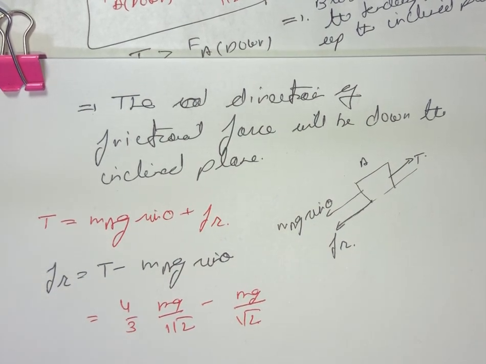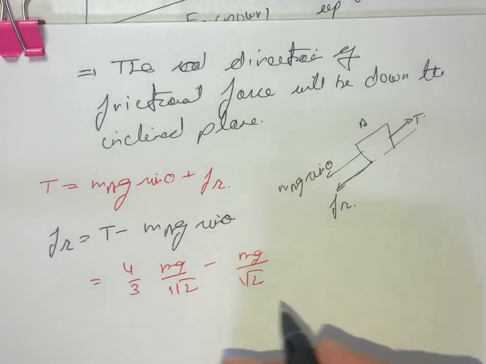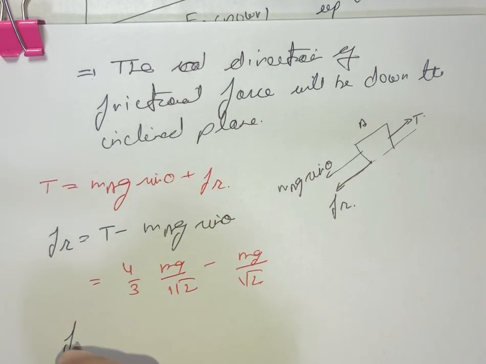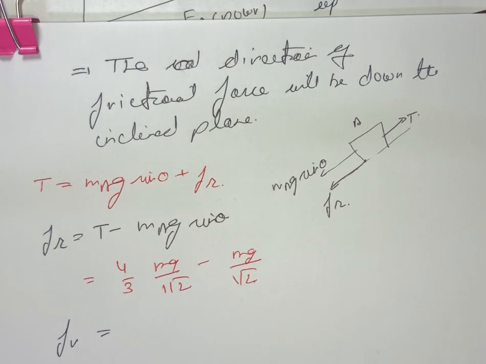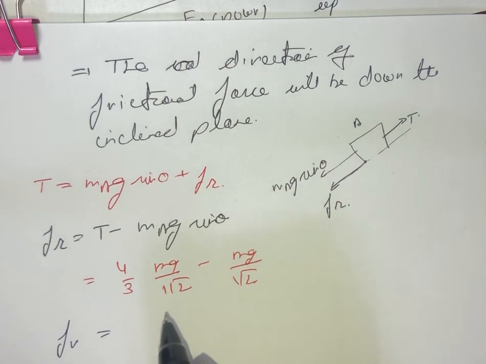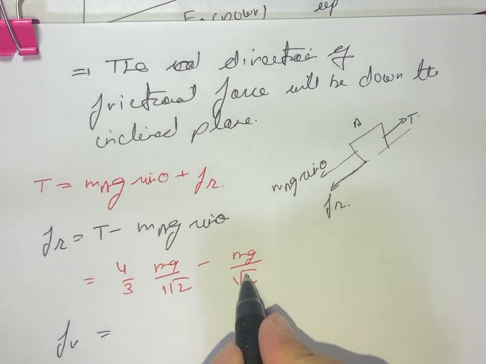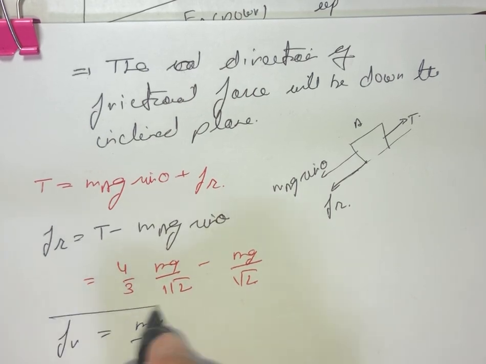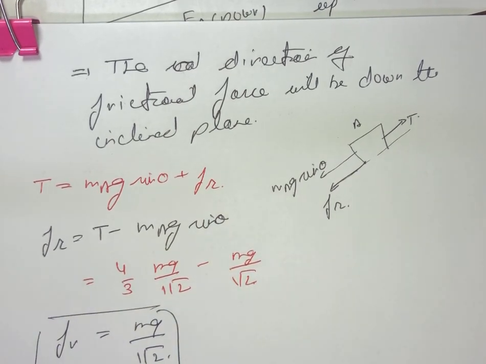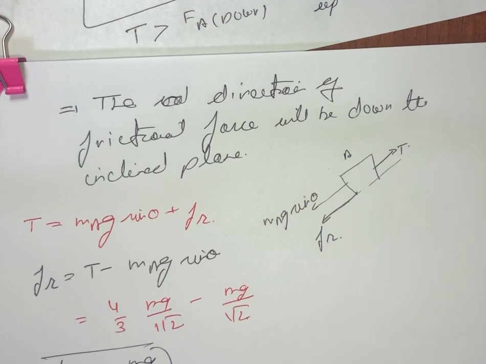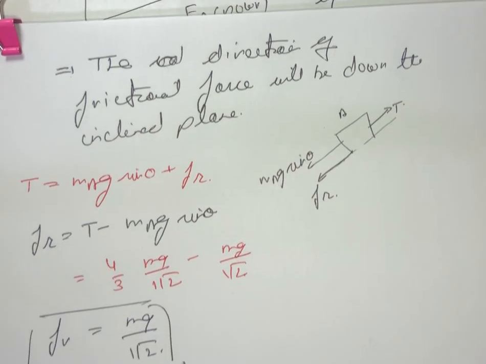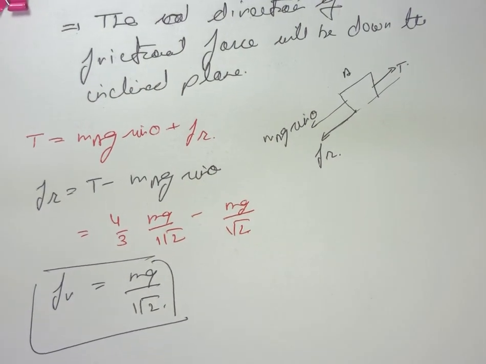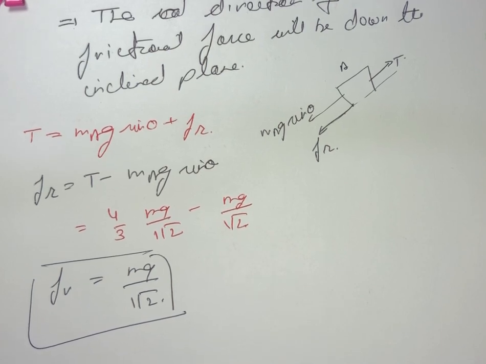So FR, the force of friction, taking mg by root 2 as common, will be mg by 3 root 2. This is the magnitude of the friction, which will be acting down the inclined plane. Okay, thank you.